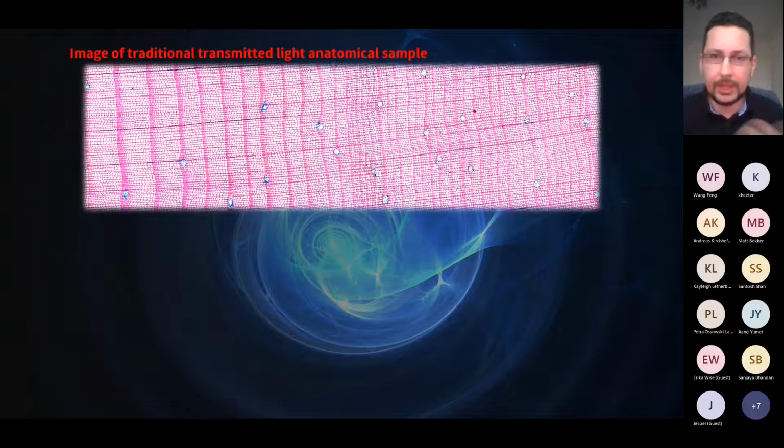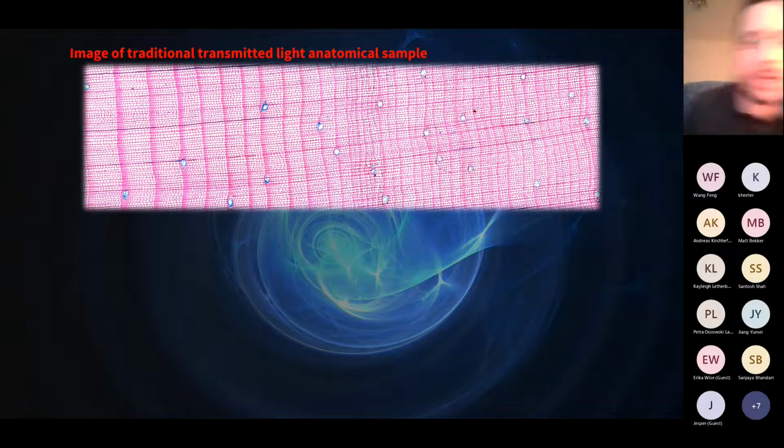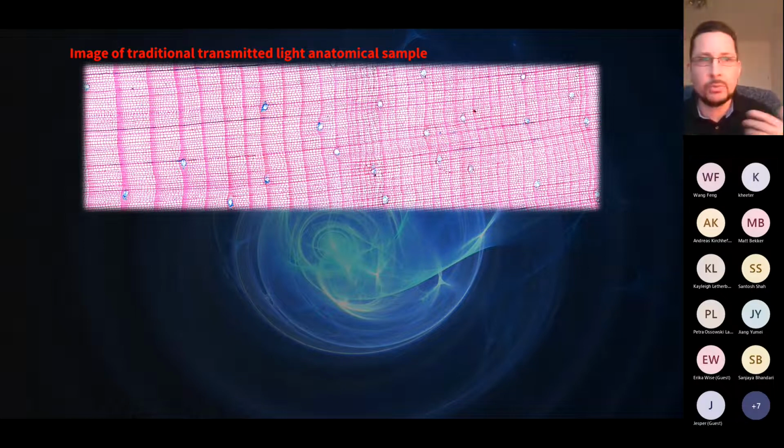We also wanted to find out a little more about how well surface intensity, obtaining an image from the surface of a sample, compares to a standard anatomical thin section slide.